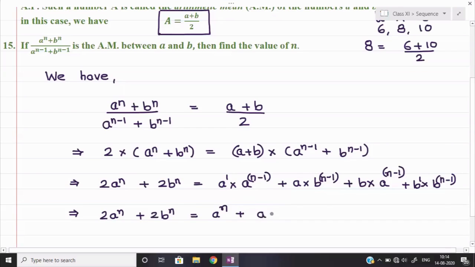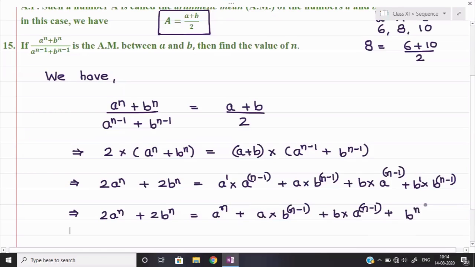a into b to the power n minus 1. Okay, fine, we shall keep it like this only. Let us see what is the requirement for them. So I am keeping right now as it is a into b to the power n minus 1 plus b into a to the power n minus 1, and in the same way as the first term, here the two powers will be added, 1 and n minus 1, so remaining is only n, that will be b to the power n.